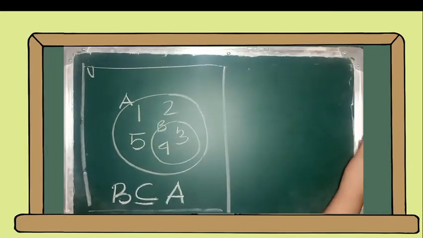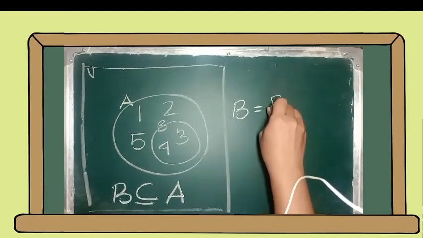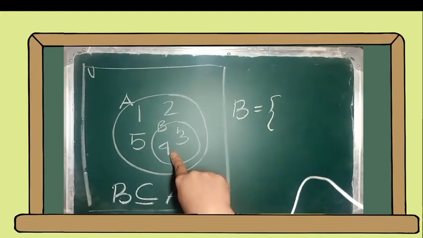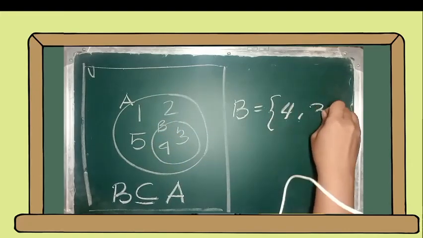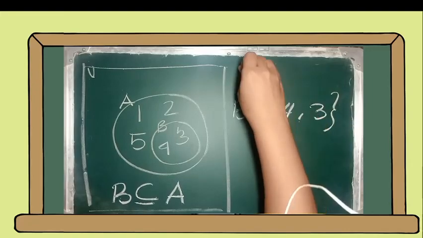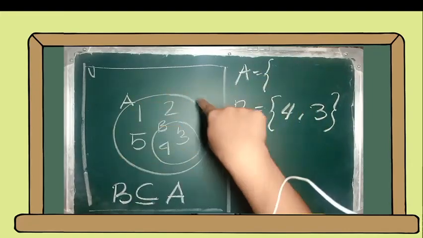So, dito, tingnan naman natin ang elements ni A and B. The elements of B are 4 and 3. So, the elements of A is lahat ng nasa loob niya.